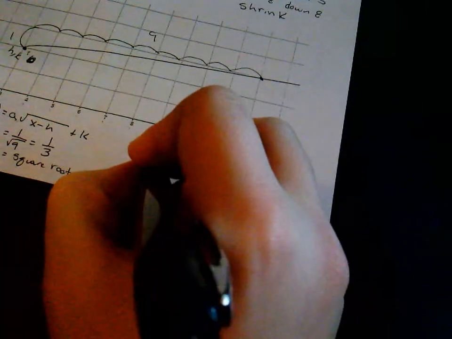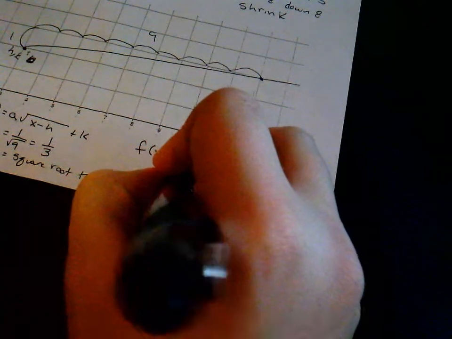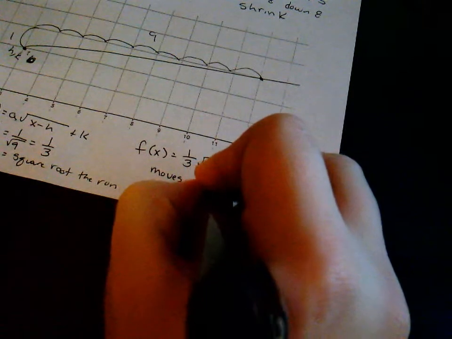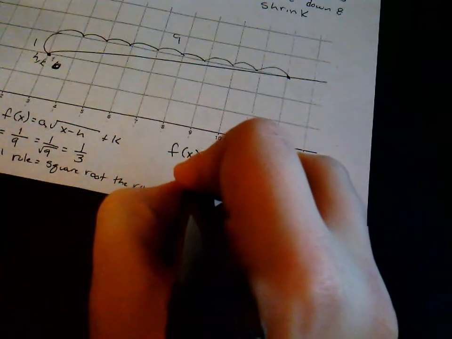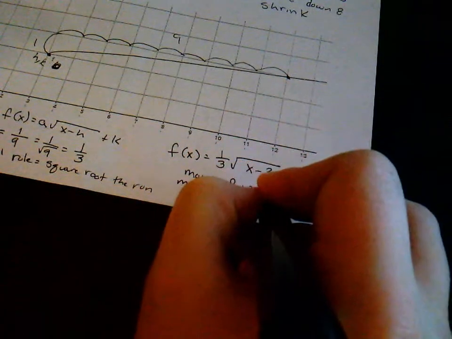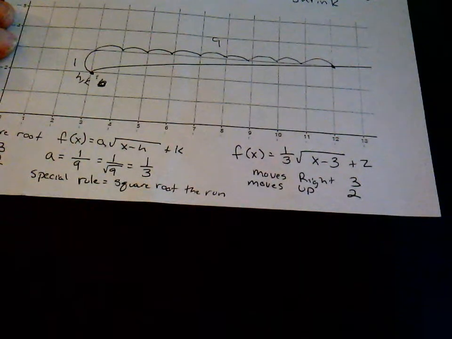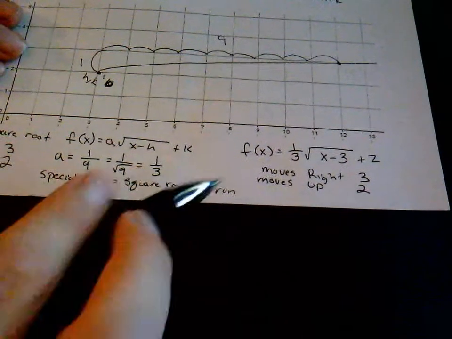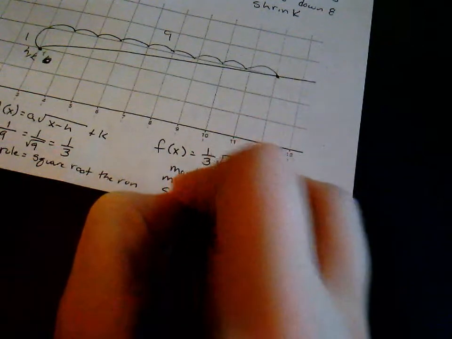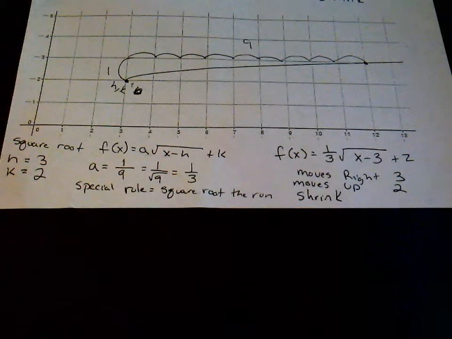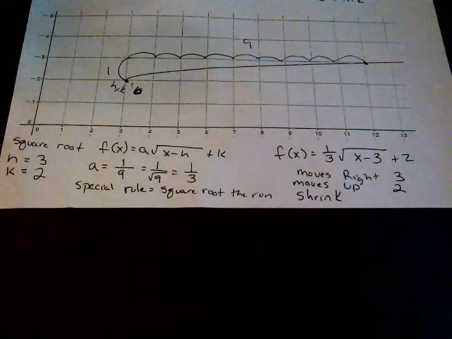We know that it moves right 3 because of this. The h is 3, so it moves right 3, and it moves up 2. Okay. And then finally, this 1/3 means it's a shrink. And that's how you find a square root function's stuff.